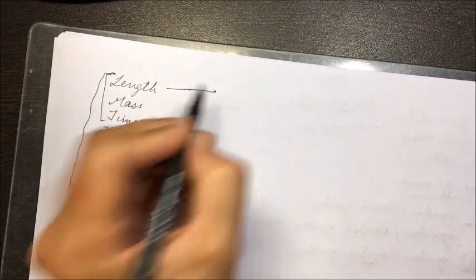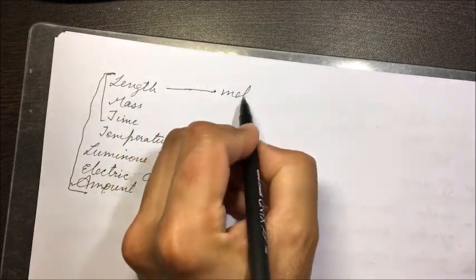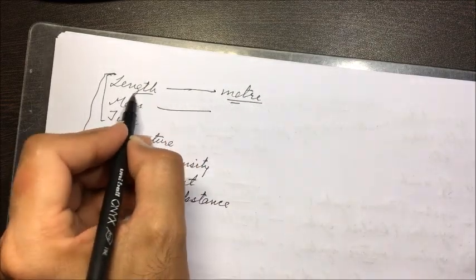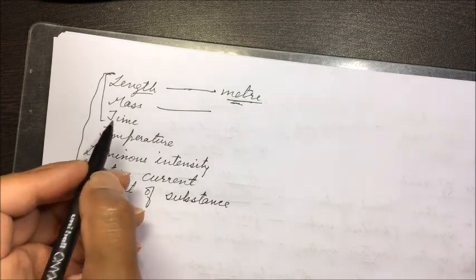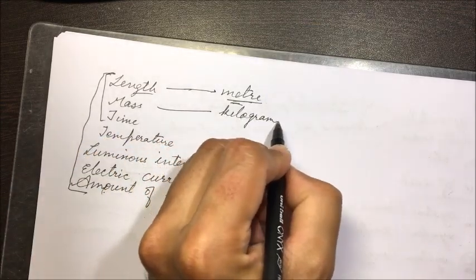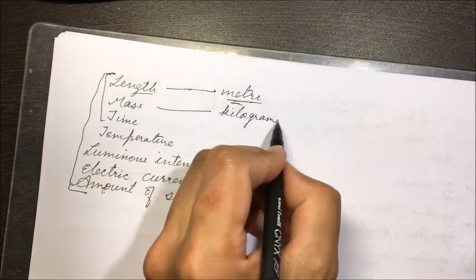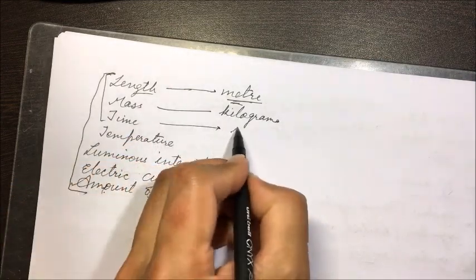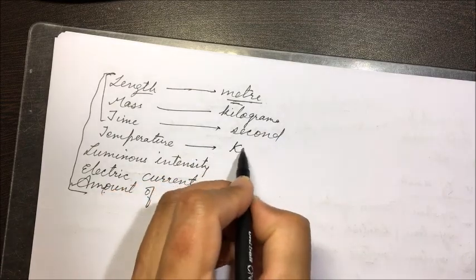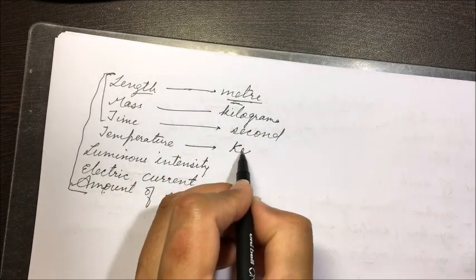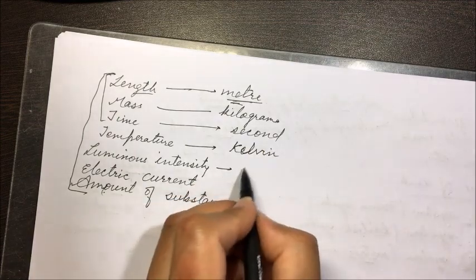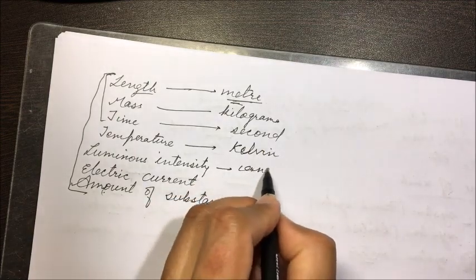For length, the unit defined was meter. For measurement of length we use meter as the unit. For mass it is kilogram. For time, second. For temperature it is Kelvin. For luminous intensity it is candela.